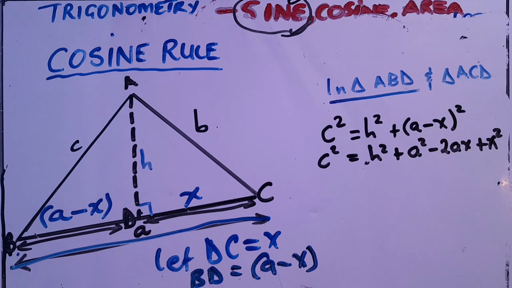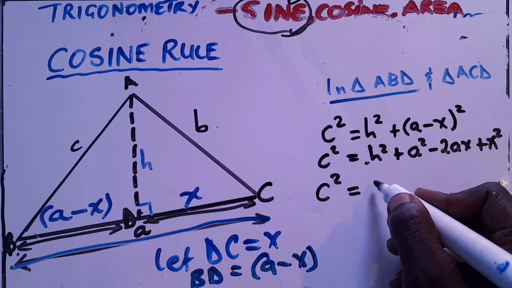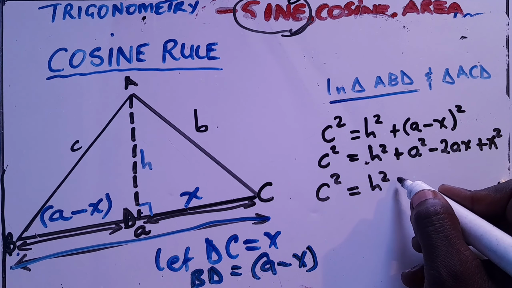So what is the next thing now? We can rearrange this, and it gives us C squared equals H squared plus X squared plus A squared minus 2AX. I just rearranged it to come closer to H squared there.